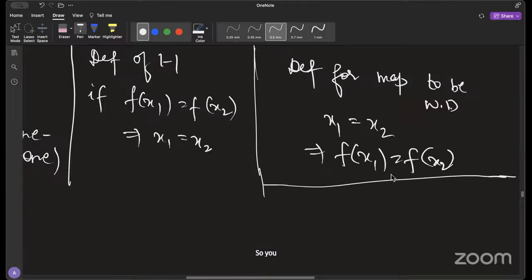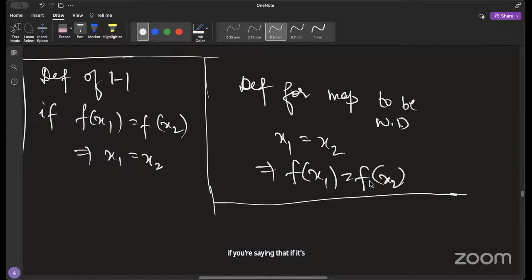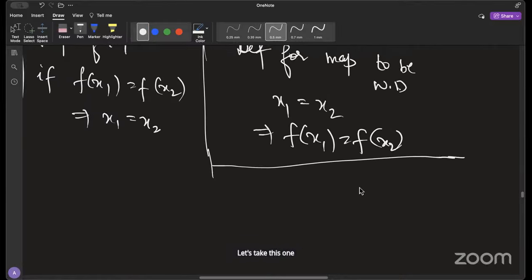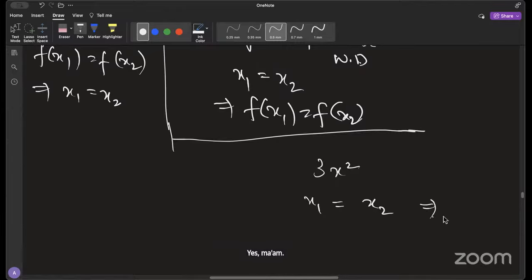So you want an example of a function that is not one-to-one. This one is for a function. Let's take x squared. If I take x1 equals x2, then if two numbers are equal, that means the squares are also equal.